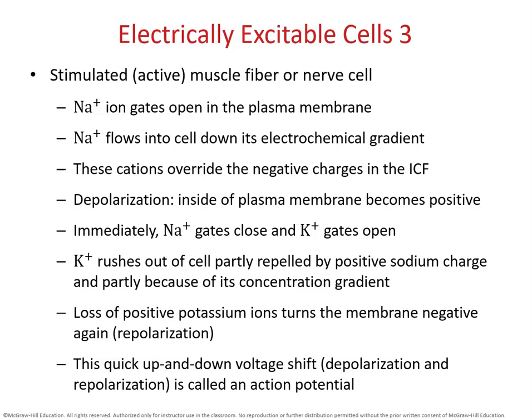The potassium ions are partly repelled because both potassium and sodium are positive ions. And this allows the cell to repolarize and nerve conduction to stop. So this is a very quick thing.